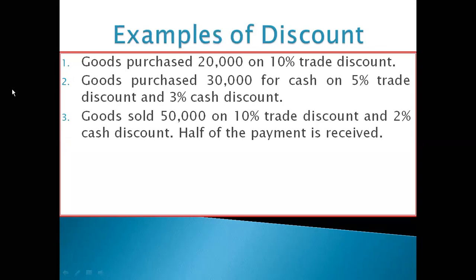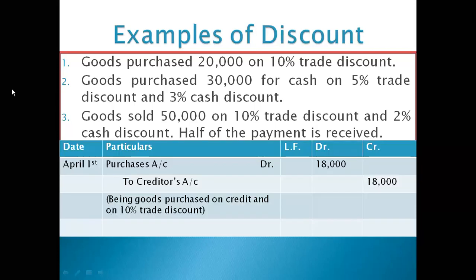Goods purchased 20,000 on 10% trade discount. So the entry would be purchases account debit to creditors account 18,000 and 18,000. So as we said, the trade discounts are the discounts which are not shown in the books of accounts. So 10% is deducted from the goods purchased and then it is shown in the books.